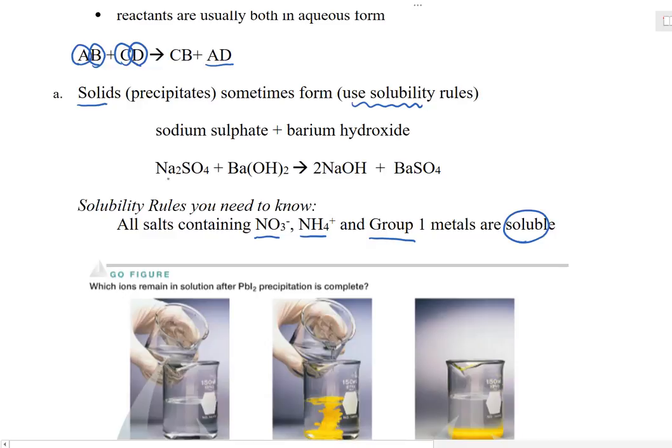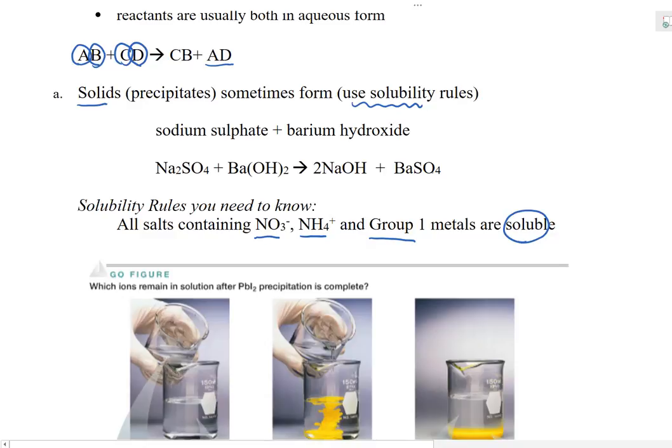In this particular example, we have sodium sulfate reacting with barium hydroxide, and both of these are soluble in water. For the products, sodium hydroxide and barium sulfate, to decide which one is going to be the precipitate, you want to look at the solubility rules here. So you want to identify, do you have a nitrate?